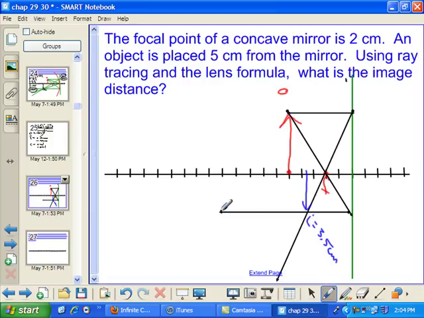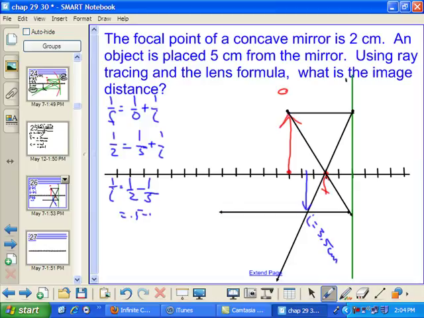All right, so by formula, remember 1 over F equals 1 over O plus 1 over I. So I have 1 over 2 equals 1/5 plus 1 over I. So 1 over I equals 1/2 minus 1/5, which is 0.5 minus 0.2.